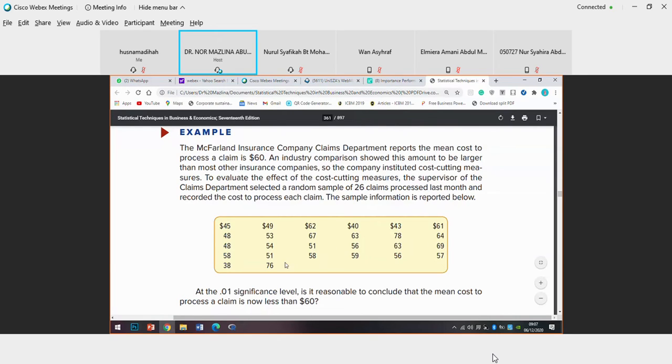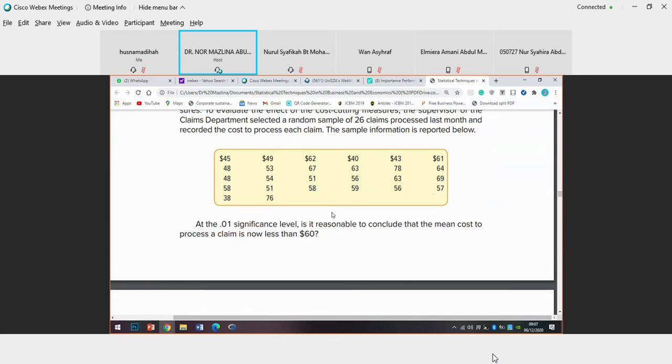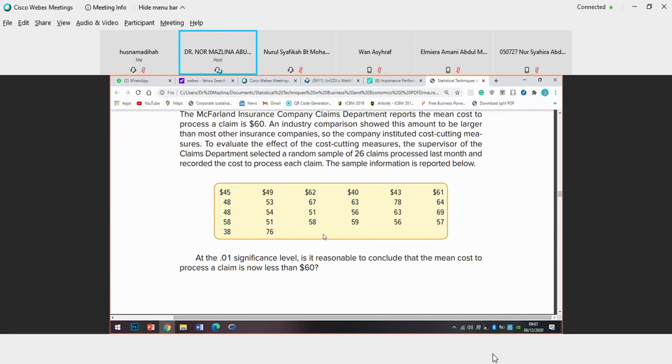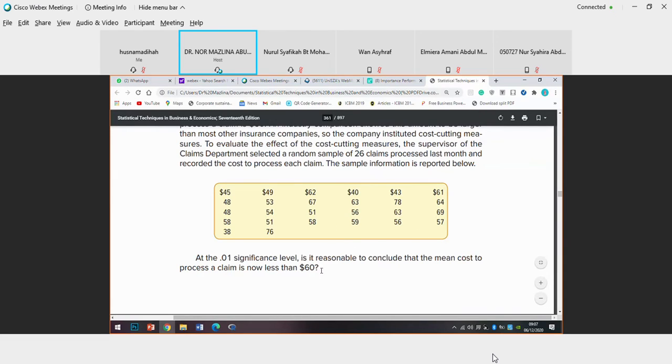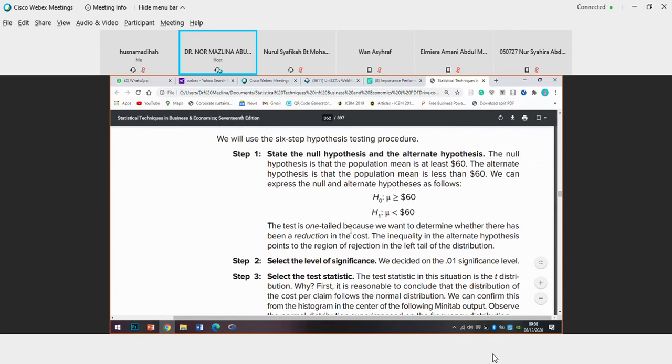Jadi, it's a mix of everything. Okay, now we would like to investigate whether the new cutting cost method able to reduce the cost. Okay, claim cost to less than $60. Okay, boleh Ashraf? Boleh tak ada. Okay, boleh.